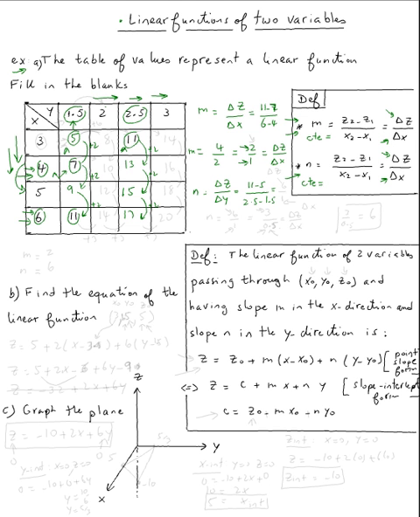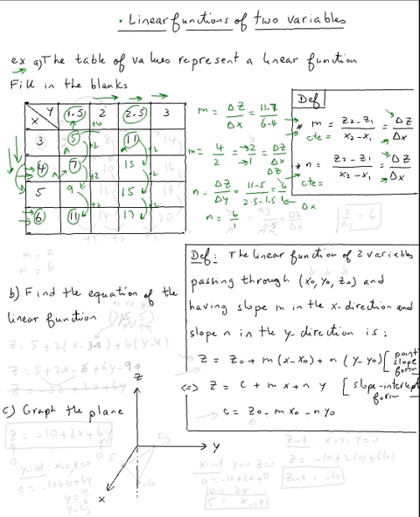Which is equal to 11 minus 5 is 6 over 1. Now same thing, this 1 is delta y, and then 6 is delta z. So every increase of 1 unit, I'm going to go up 6 units. So n we know it's equal to 6 over 1.